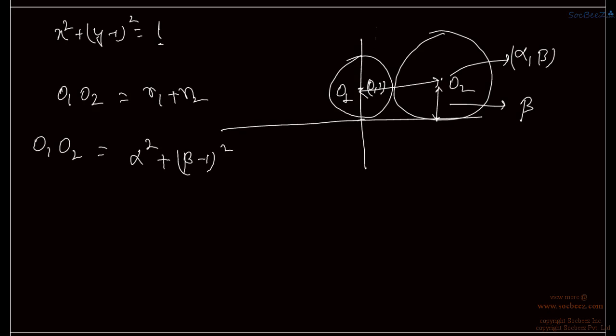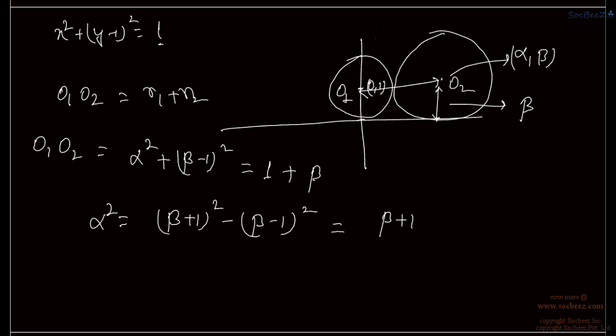Alpha minus 0 square plus beta minus 1 square. This is equal to R1 plus R2. That is, R1 is 1 unit and R2 is beta, right? So we have alpha square is equal to beta plus 1 square minus beta minus 1 square, or it can be written as beta plus 1 plus beta minus 1 times beta plus 1 minus beta plus 1.